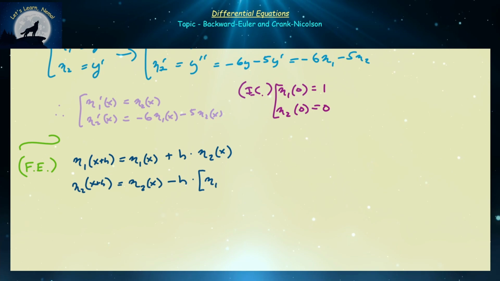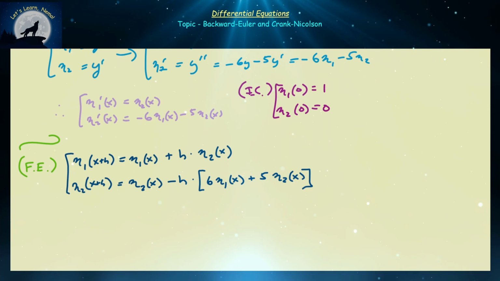So we're going to have minus 6 eta1 of x plus 5 eta2 of x, and let's not forget our coefficients either. Right? So that's our forward Euler method.